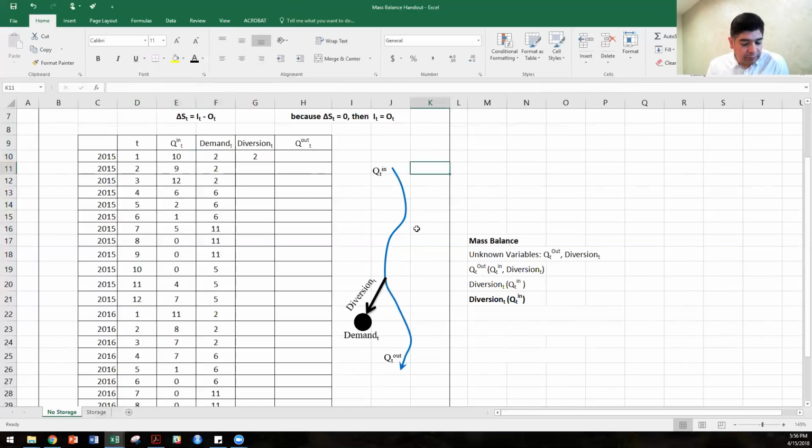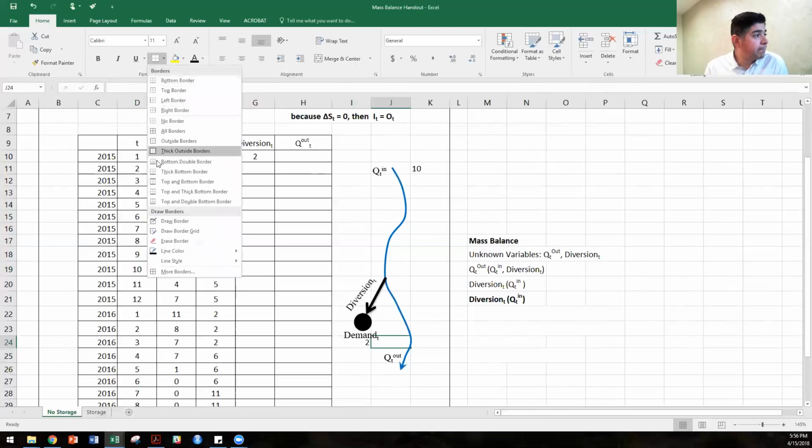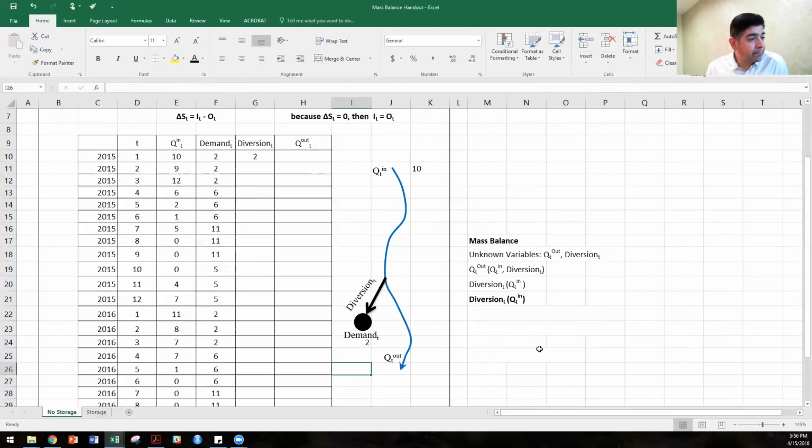There are 10 units of water coming in at this portion of the river, and this user is requesting 2 units. How much water can be diverted? Well, those 2 units of water, because there is enough water here to provide that amount.